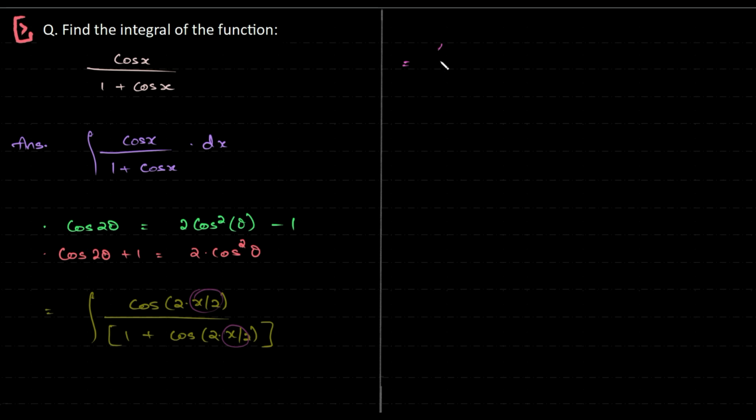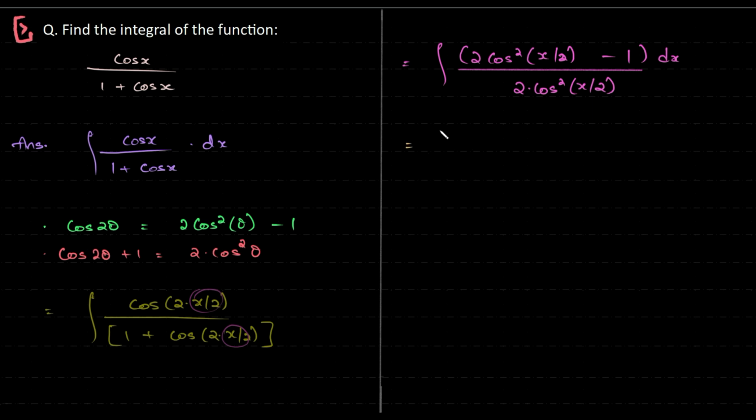So we have integration of cos of 2 theta, which is 2 cos square theta, right? So this is x by 2, minus 1 dx, entire expression divided by 2 cos square x by 2.